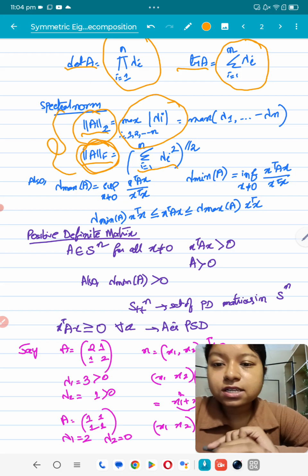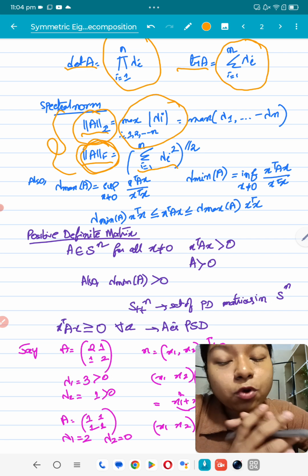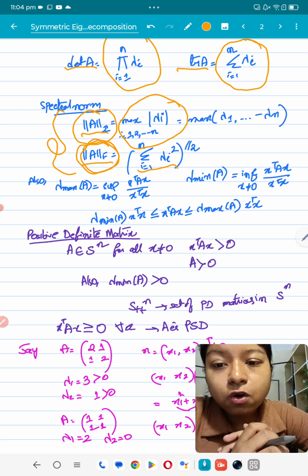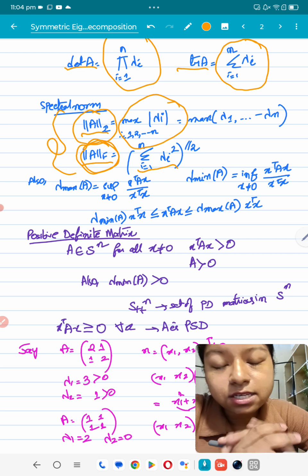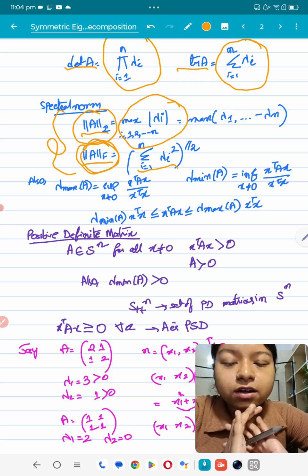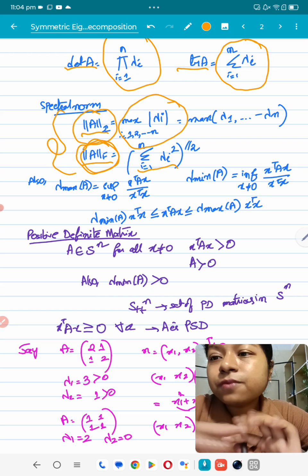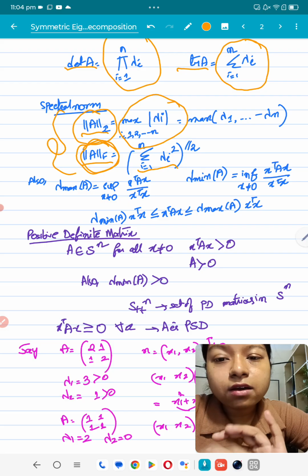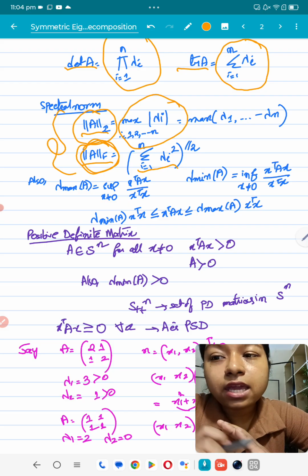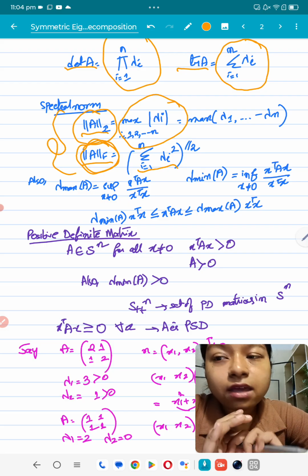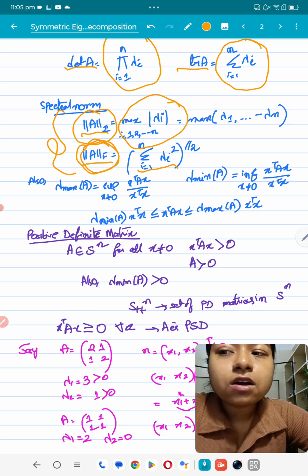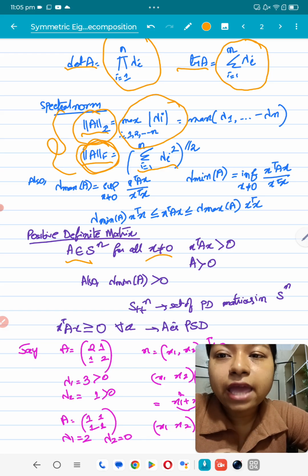Next we are going to discuss the positive definite and positive semi-definite matrices, which are very important in wireless communication. Let A be a matrix belonging to the set S of dimension n, such that for all x not equal to 0, x transpose Ax is greater than 0.